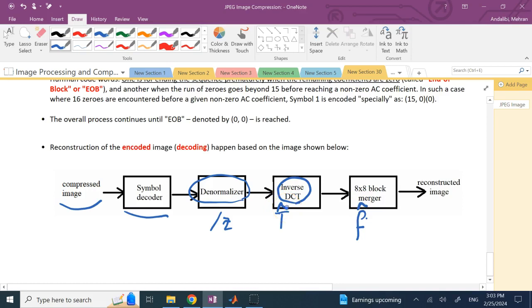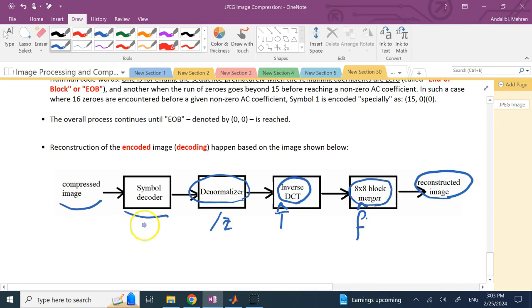reconstructed version of the image that has smaller volume. It needs smaller storage, but clearly it has a lower quality compared to F. This is an approximation of F. And then once you get all these blocks, you use a merger, you combine them together to get your reconstructed image.